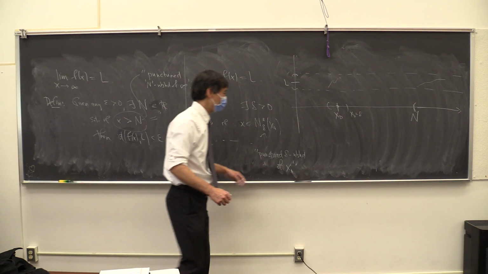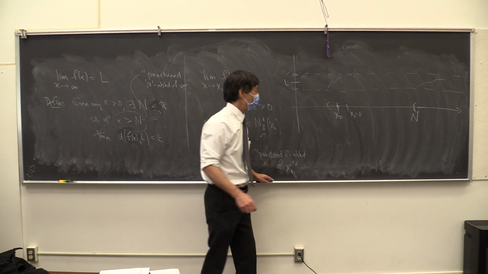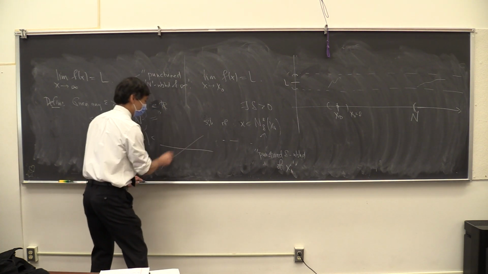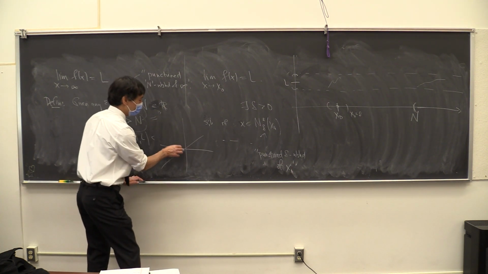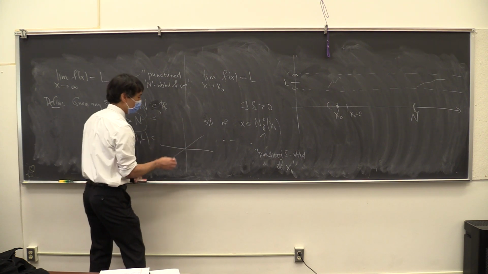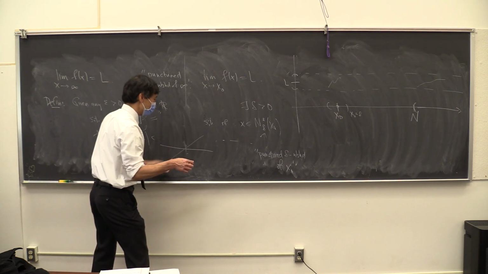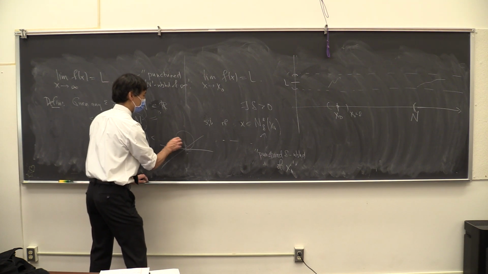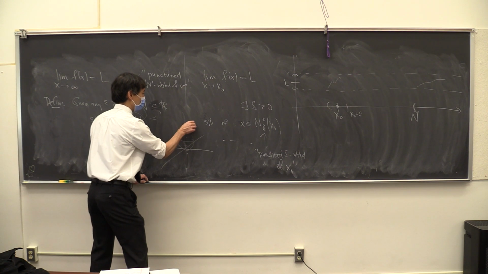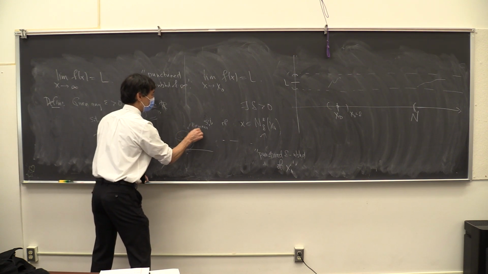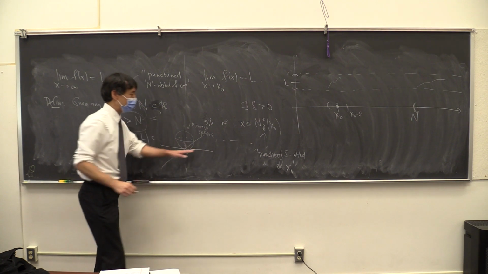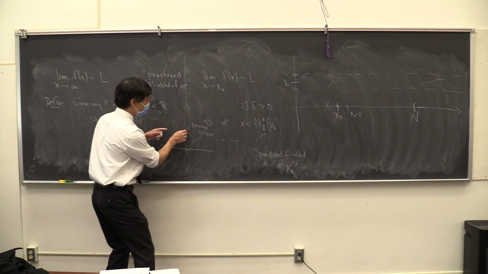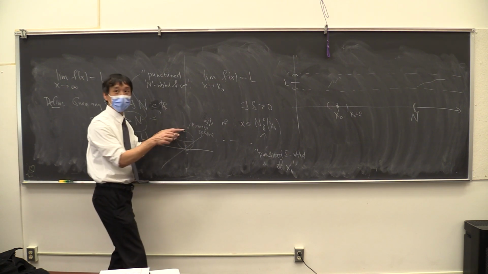Those of you who go on to learn complex analysis will be excited to know that in complex analysis, one sometimes identifies the complex plane with a sphere called the Riemann sphere. So every point on the plane is identified with a point on the sphere by stereographic projection.